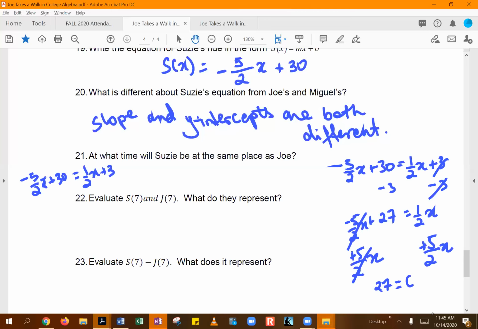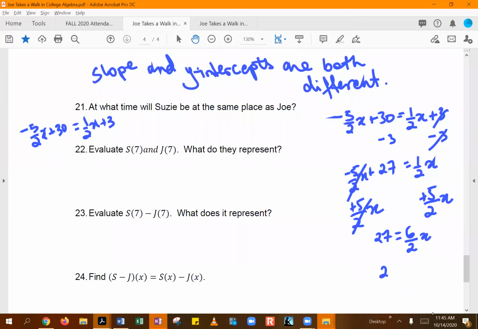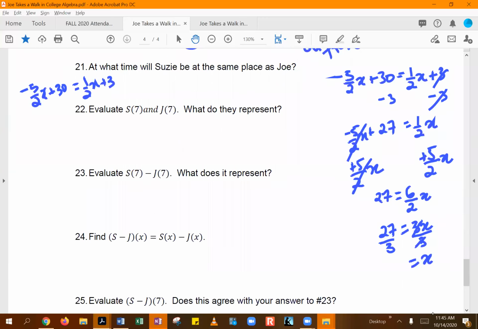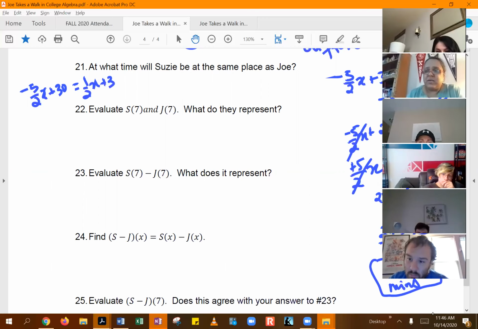So that would just give you 6/2, which would of course reduce down to 3x. So when you divide both sides by 3, we would of course end up getting 3 goes into 27 9 times. So this is actually how, and I am imagining, is that what most of you did who came up with the 9-minute as your answer?